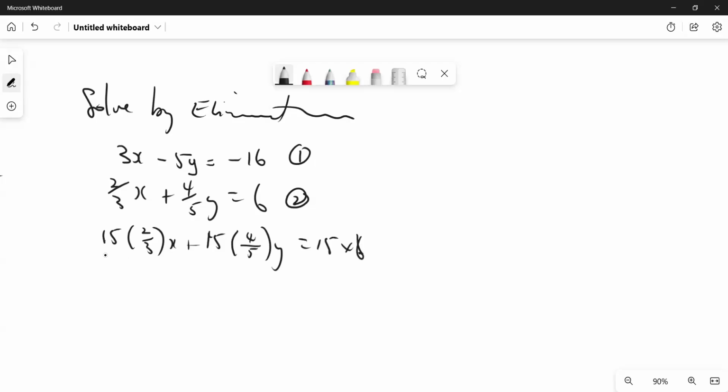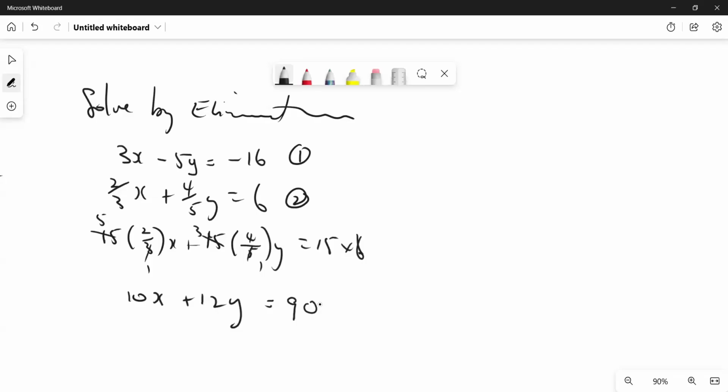And what will we get here? 3 ones, 3 fives, okay. 5 ones, 5 threes, all right. That'll be 10x. This one will be 12y. What will this be? 6, 9. Okay, so we get 10x plus 12y equal 90.